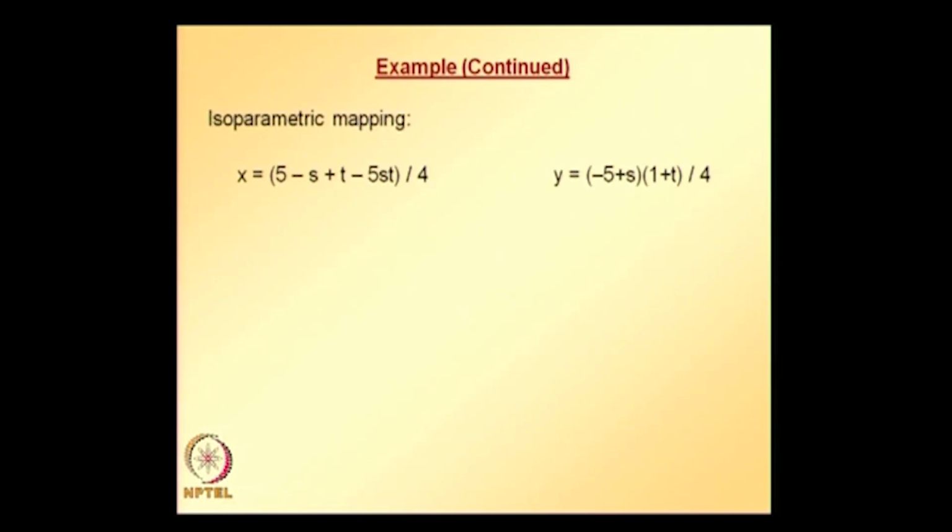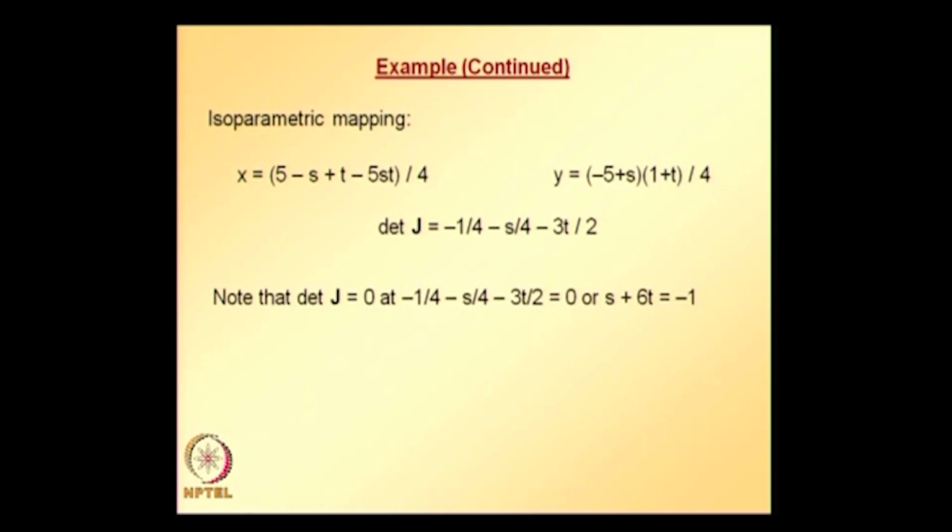Once we do the isoparametric mapping, we get these relations between x and s and t, y and s and t. Using that, by taking partial derivatives of x with respect to s and t, y with respect to s and t, we can easily calculate the determinant of J, which is given there, and let us check along what line this determinant of J is going to be 0. Equating determinant of J to 0, we get determinant of J to be 0 along the line which satisfies the condition s plus 6t is equal to minus 1.